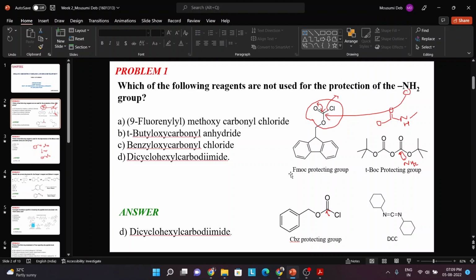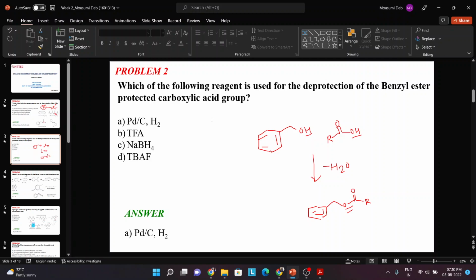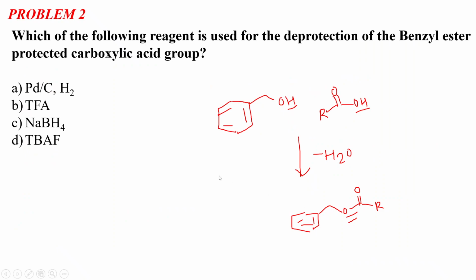You have to remember that these groups are used to protect the amine group, and which reagents are used to deprotect them. Like a base such as piperidine is used for the deprotection of the FMOC protecting group. And for the carboxylic acid group, there are a few reagents. You just need to remember those reagents and what they are used for in the deprotection. For this kind of question, if you remember some, you can easily answer them.